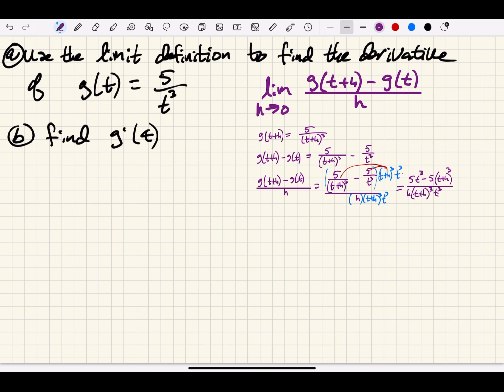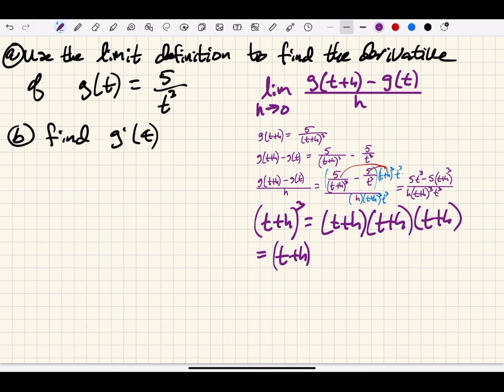We would begin by multiplying out t plus h cubed, which would be t plus h times t plus h times t plus h. This will give us t plus h times t squared plus 2ht plus h squared when we multiply the second two binomials together.